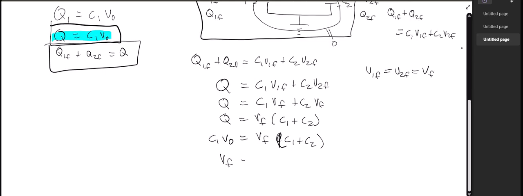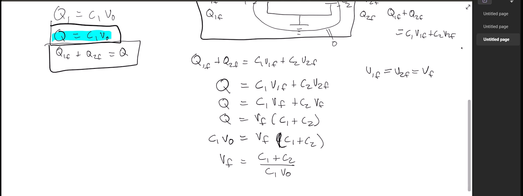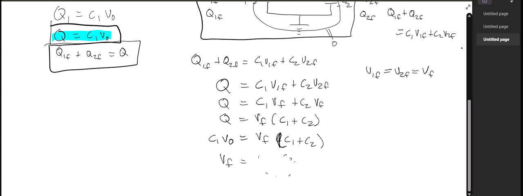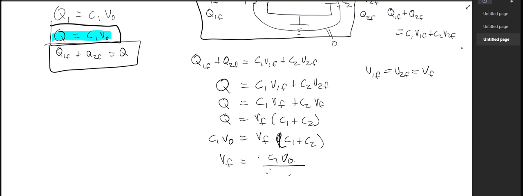No, I got that backwards. V final equals C1 V naught over C1 plus C2. So our final voltage equals C1 V naught over C1 plus C2.